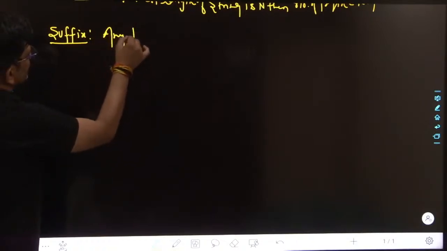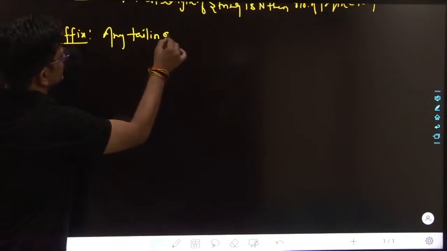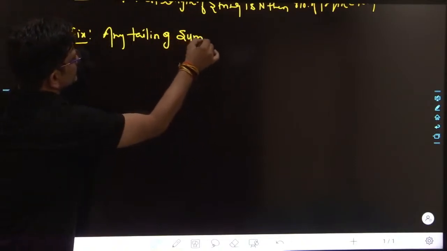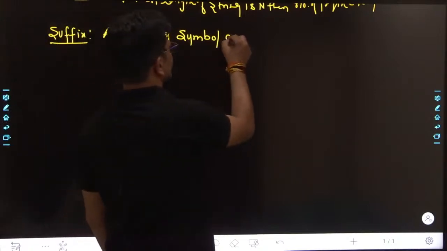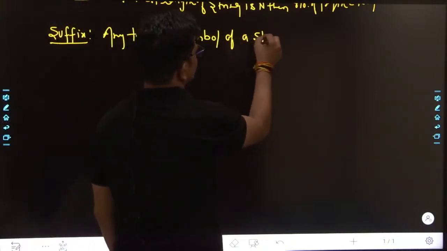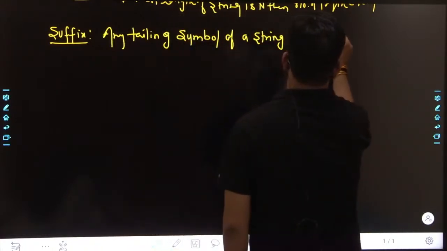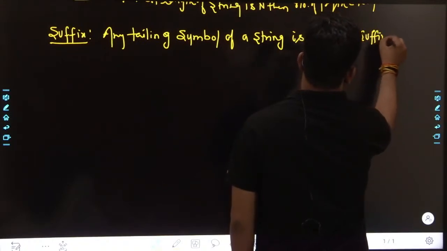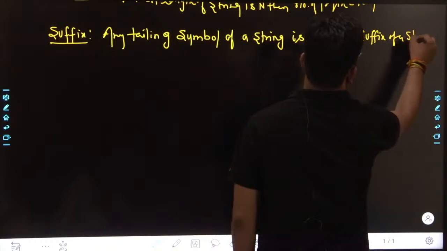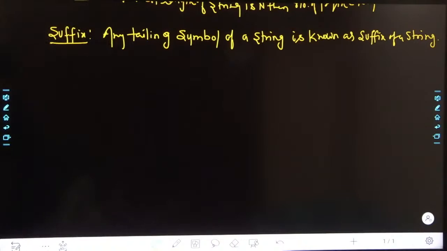Any trailing symbols of a string is known as a suffix of a string.